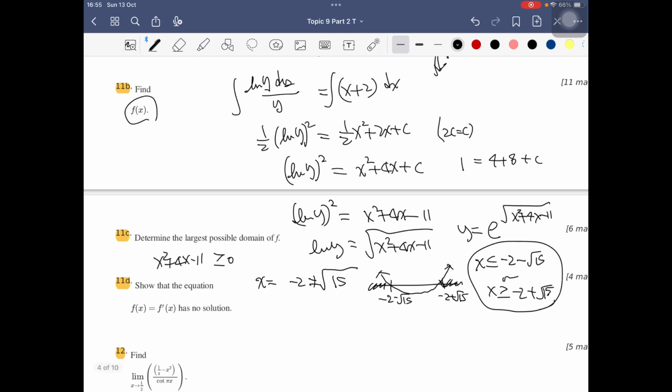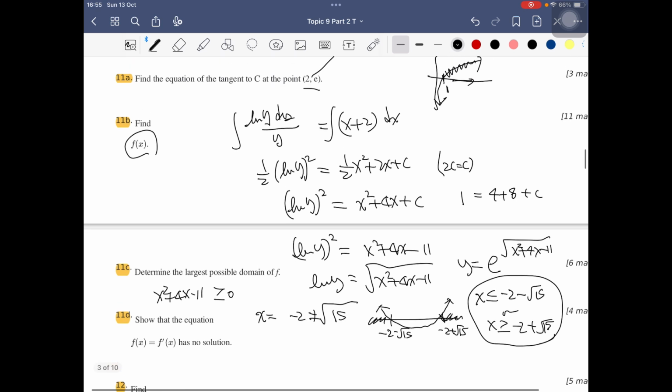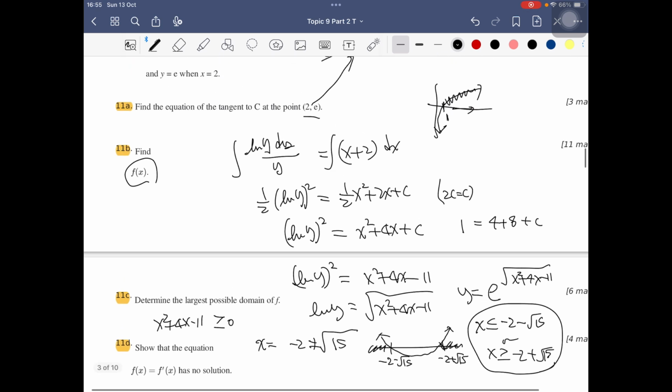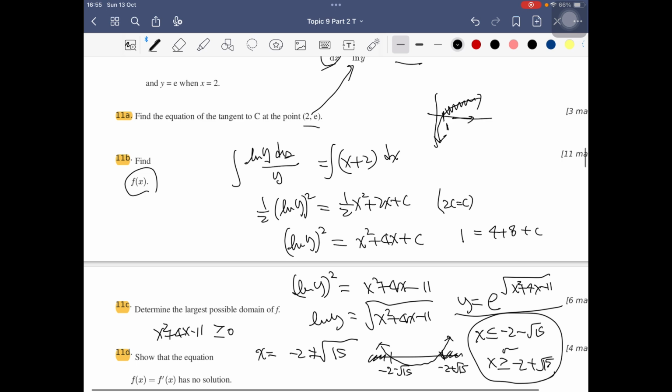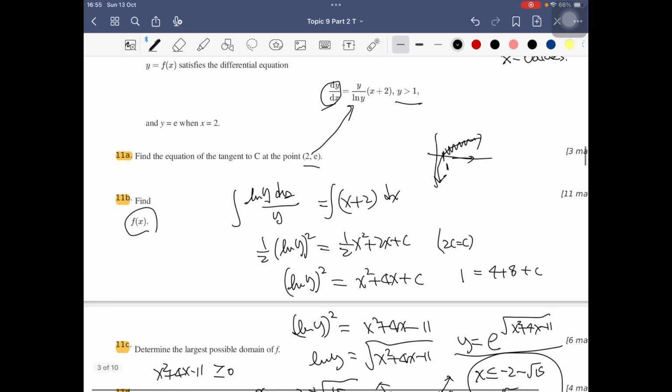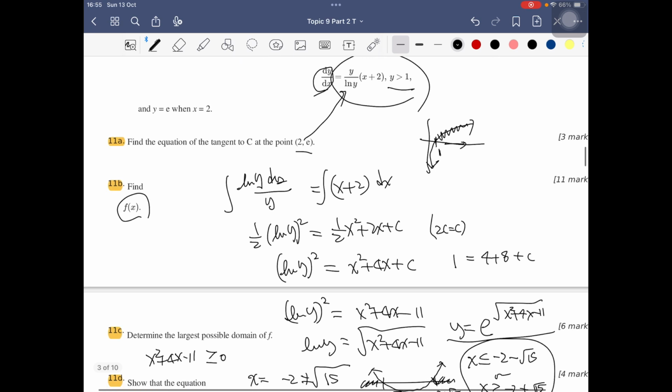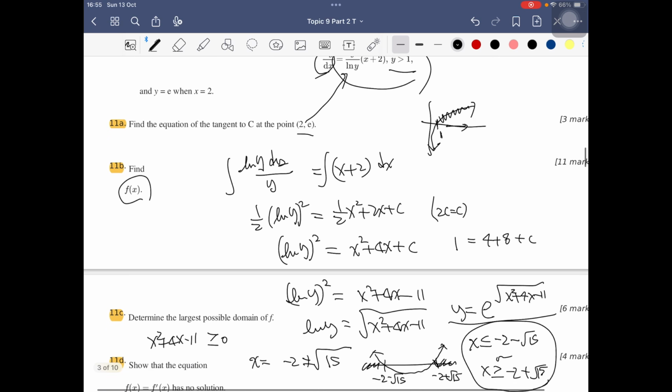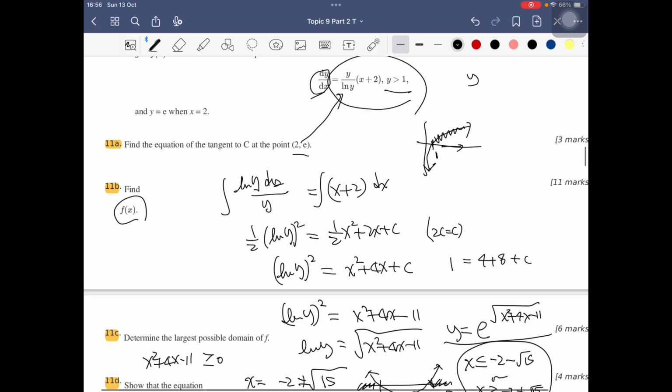Now show that the equation f of x equals f prime of x has no solution. Okay, so this is f of x, and f prime of x is this one. Let's see. y equals y over ln y times x plus 2. So this has no solution, that we need to show.